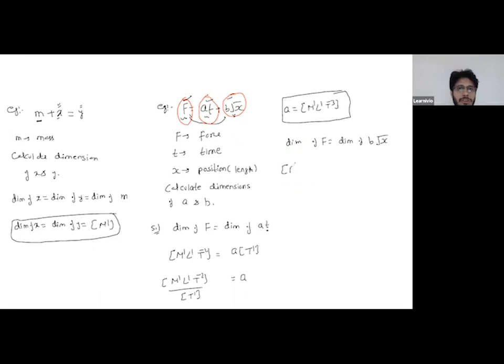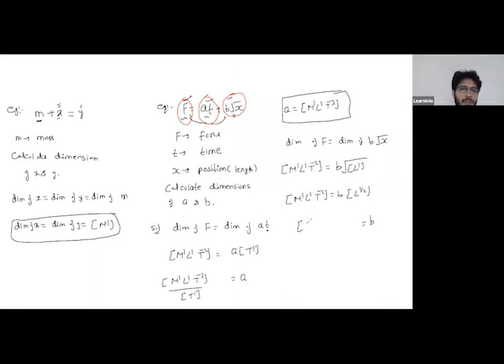So dimensions of F are M1 L1 T minus 2. B is a constant. x is length, this is L1. Root means power is half, so I can write this as L to the power half. Is it clear? Under root means power is half.